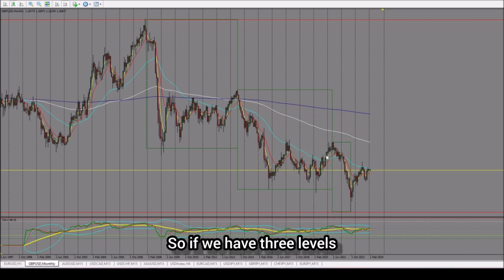So if we have three levels, the next thing is to anticipate what we call a peak formation low, and in this particular case we can anticipate to see a multi-month W pattern like this.